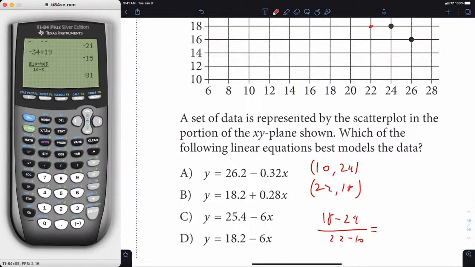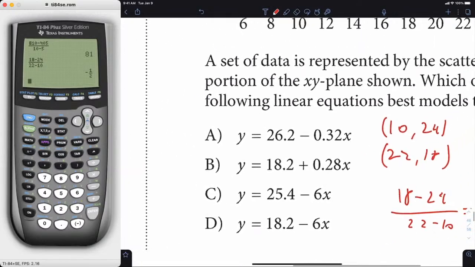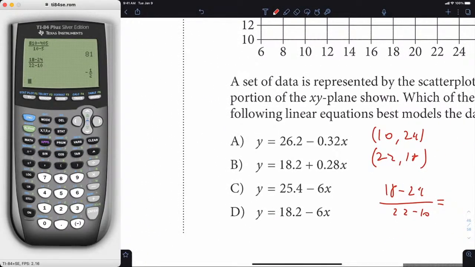If I plug that into my calculator, I could do alpha y equals n over d. And I'll get a slope of about negative 1/2. Ooh.